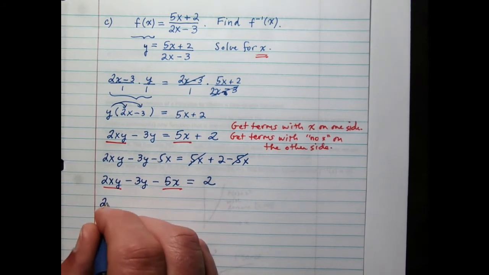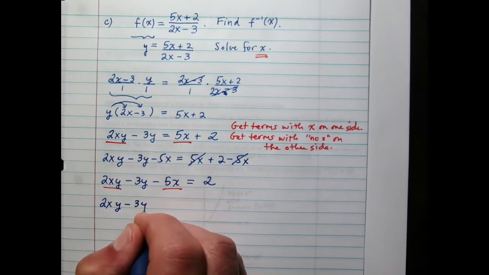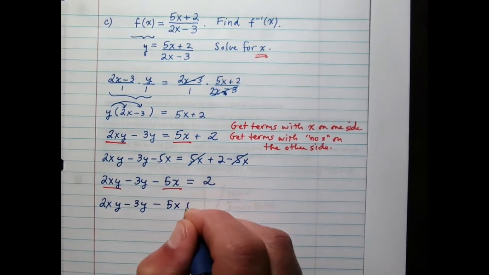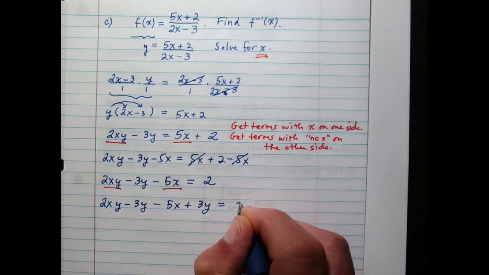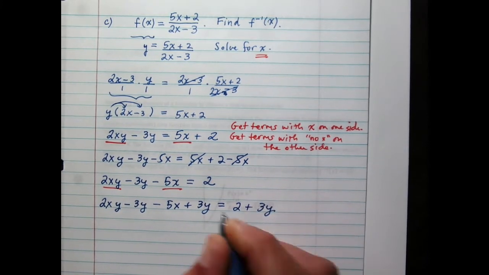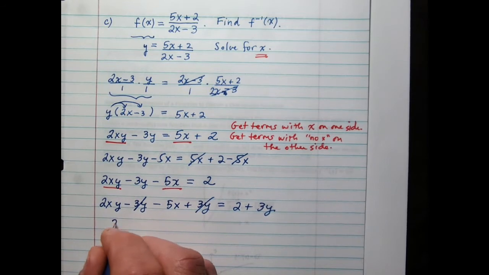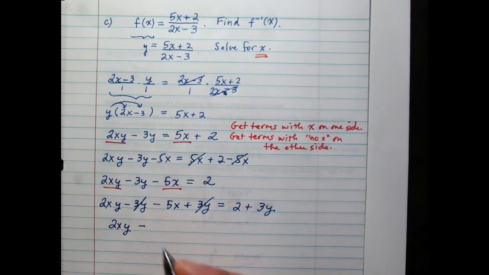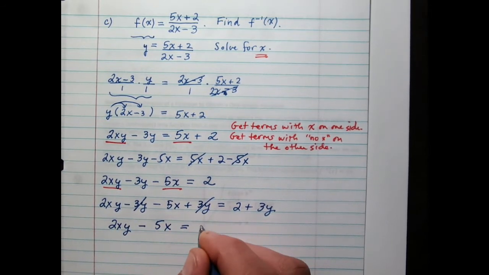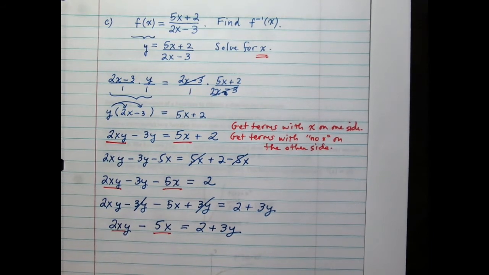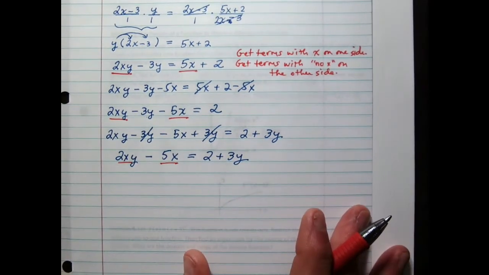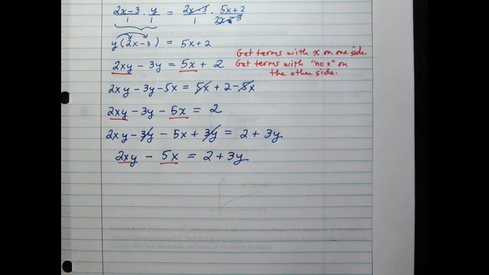That means I have to add 3y to both sides. And so we have 2xy minus 5x equals 2 plus 3y. And now I'm happy where I'm at, because I accomplished what I wrote up in red on the side. I got the terms with x on one side and the terms with no x on the other side.